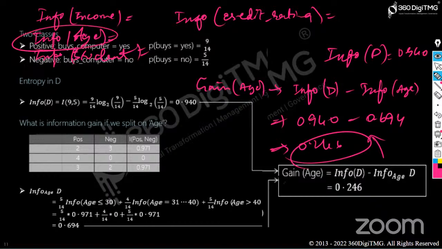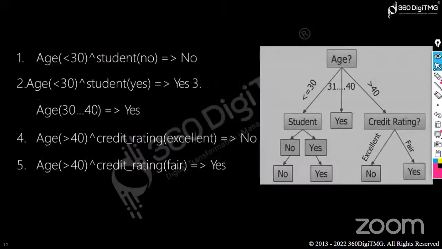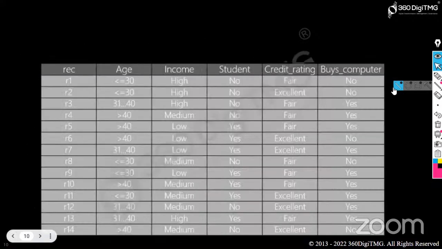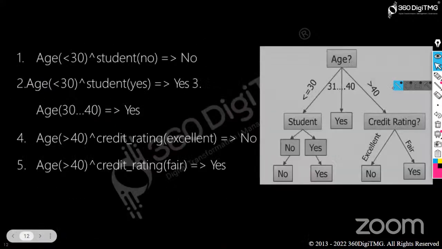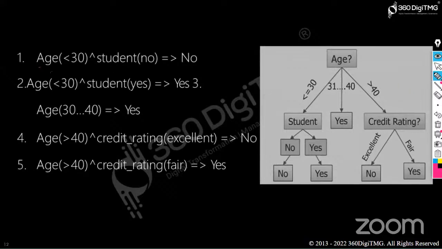So you got information gain of age. So like the same, you calculate information gain of income, student, and credit rating. So once you get the values, you will find that information gain of age is bigger and you will try to draw.